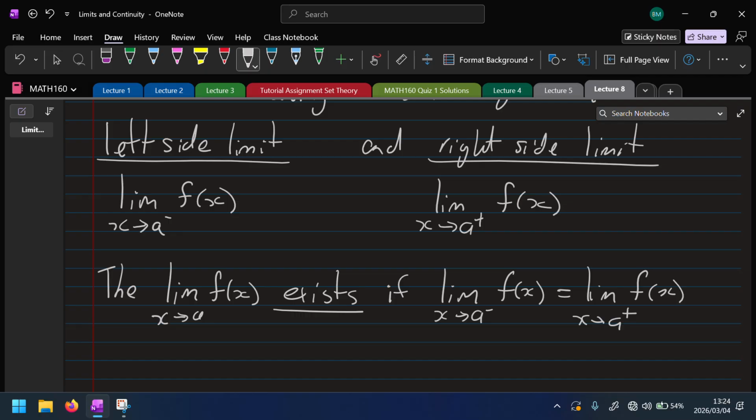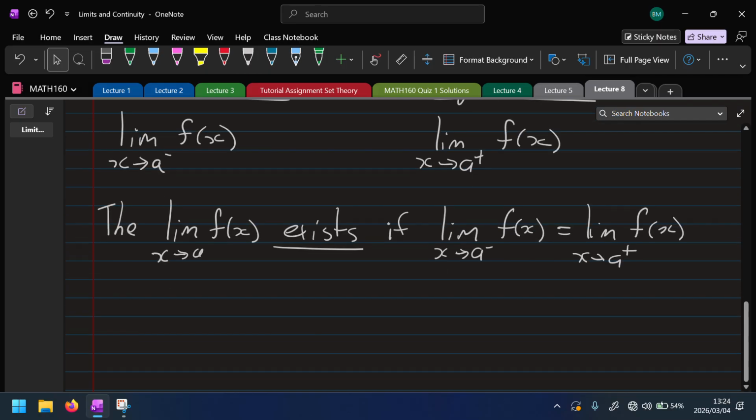Okay, so I'll give you a function, I'll give you a point. So say limit x goes to 2 of x squared, for example. In practice, we need to check the limit from the left, get a value, the limit from the right, get a value. If those values agree, the limit exists and it has whatever that limiting value is. If they do not agree, then the limit does not exist. Okay, that's what we write down. So otherwise, the limit does not exist.